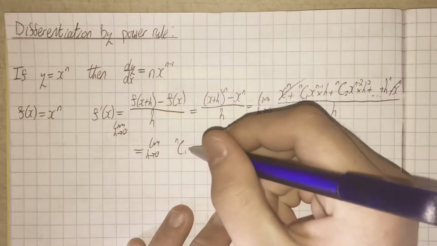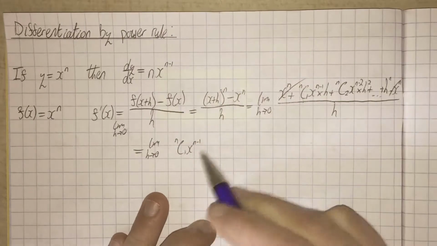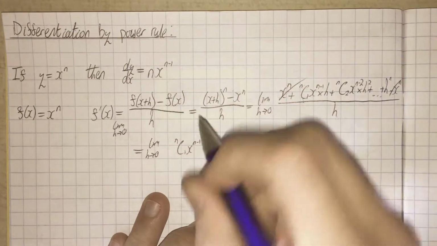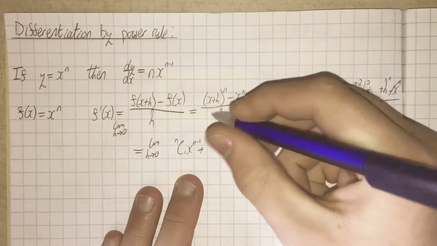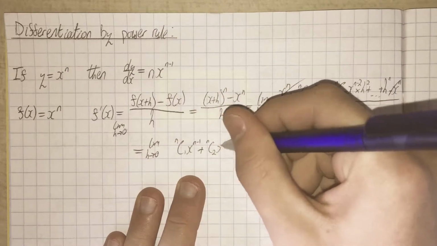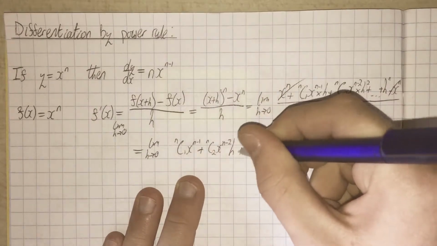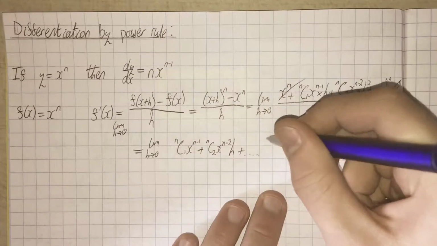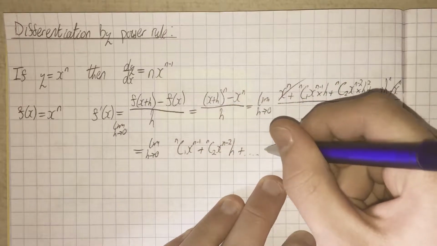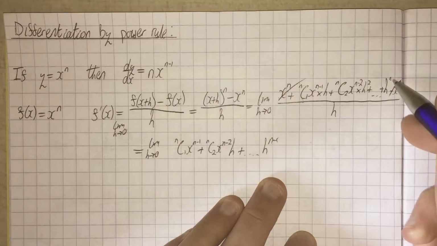So we're going to get that times x to the n minus 1, the h cancels off from dividing, then we'll get plus nC2 x to the n minus 2 times h, and all the way plus dot dot dot, as it goes on possibly forever, h to the n minus 1.